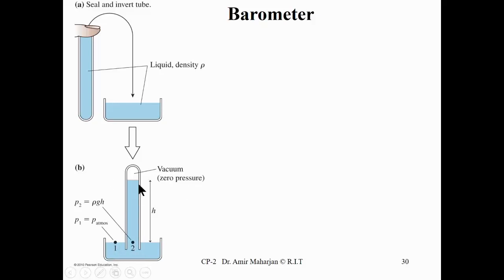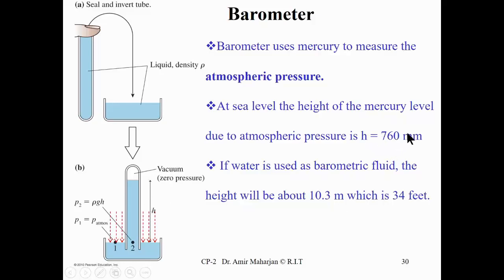People used to measure the atmospheric pressure this way, just by measuring the height of the mercury level. If you measure the height of this mercury column at sea level, it will be exactly 760 millimeters, 76 centimeters. So that's the equivalent atmospheric pressure.